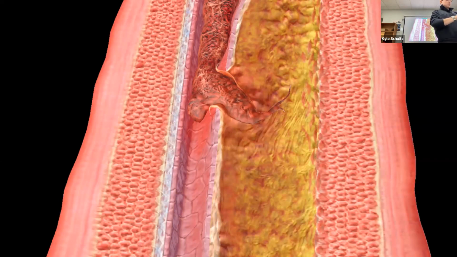As those cells leak those contents into the blood supply, that's what triggers the blood to want to clot. As it ruptures through here, the whole body treats it like an injury and sends everything to it to plug it up. The unfortunate thing is that that plug is also continuing to narrow the lumen of that artery, sometimes to the point where it's fully occluded and no blood can get past it at all.